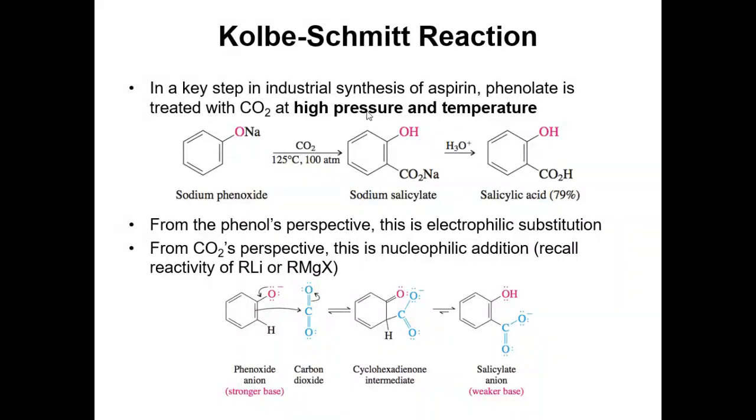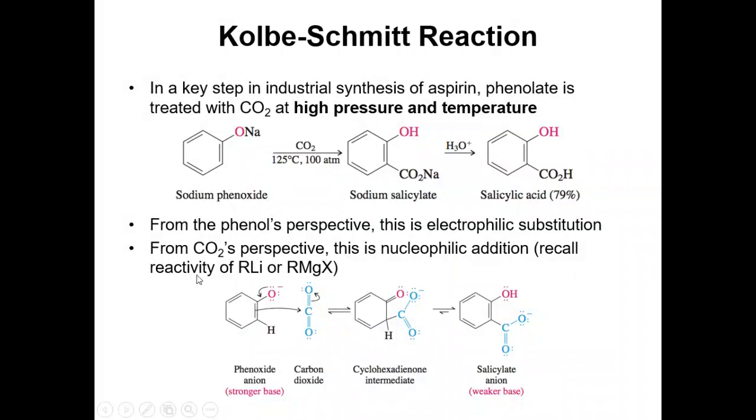Okay? So now let's think about the roles played by each reactant. You have phenoxide and you have carbon dioxide. These two react. What you can see is the phenoxide is a nucleophile.